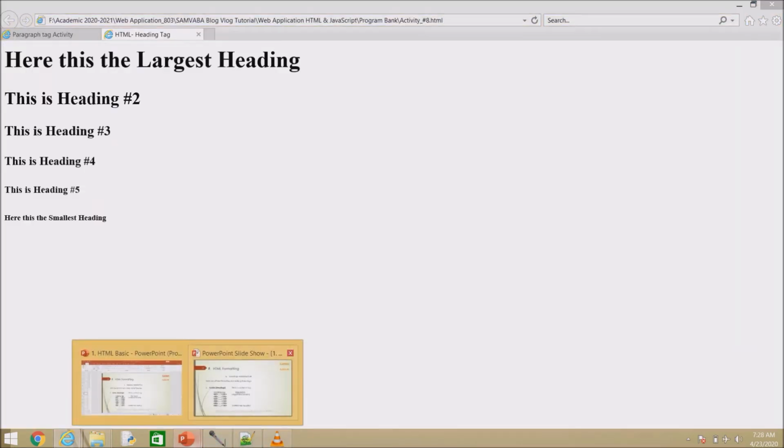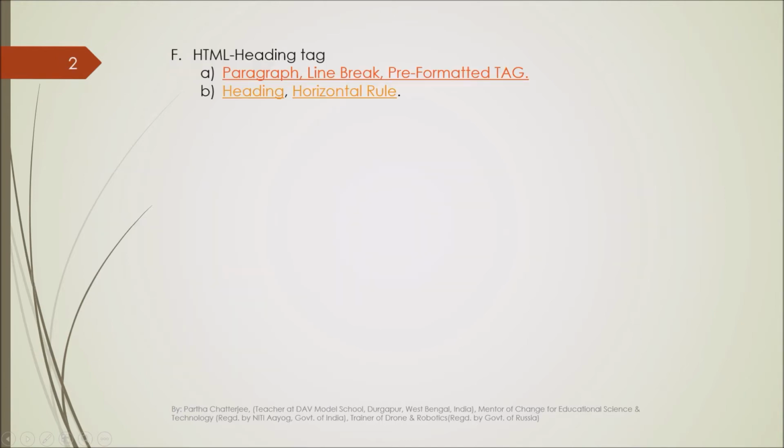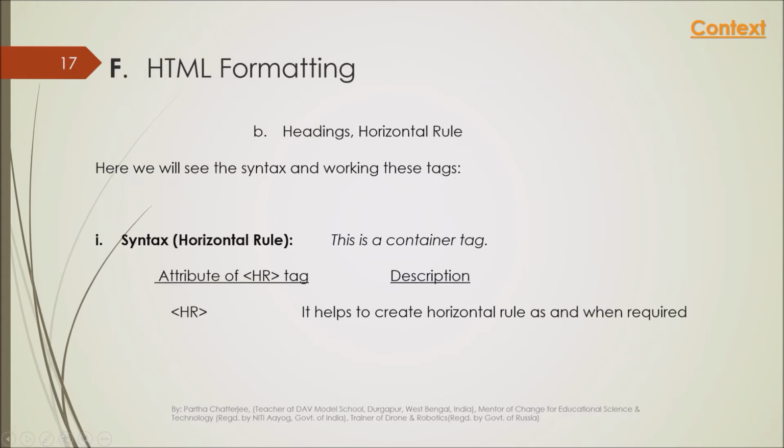Now we are going to discuss another part of formatting, that is the horizontal rule. As per our context, the heading tag is one and the other is the horizontal rule. So today we are going to discuss the horizontal rule. What is a horizontal rule?